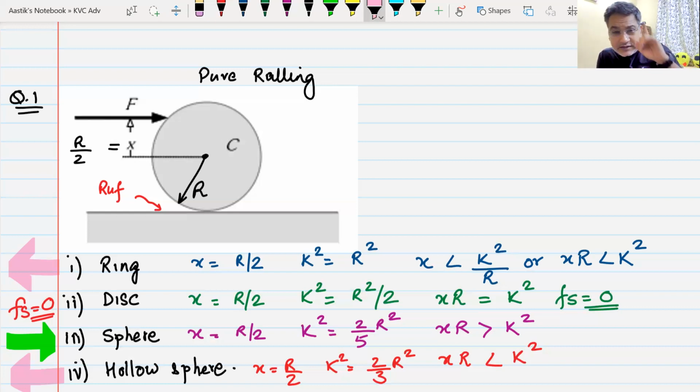Remember, we only know the direction of friction. We do not know the magnitude of friction because it is the case of static friction. Now, since we know the direction of friction, you can write all the steps point by point, how you can solve the most difficult problem that can come in this topic.